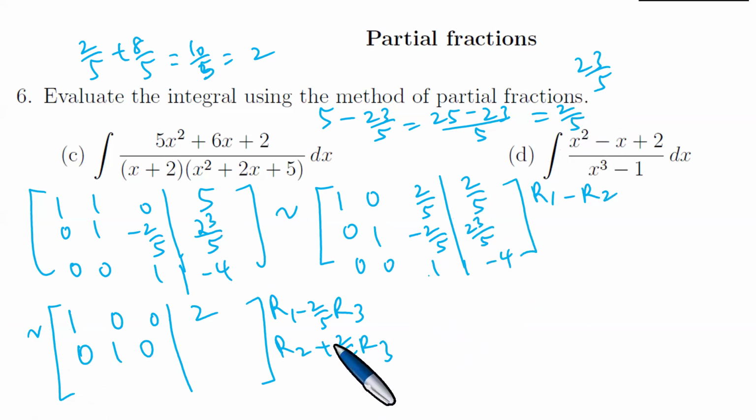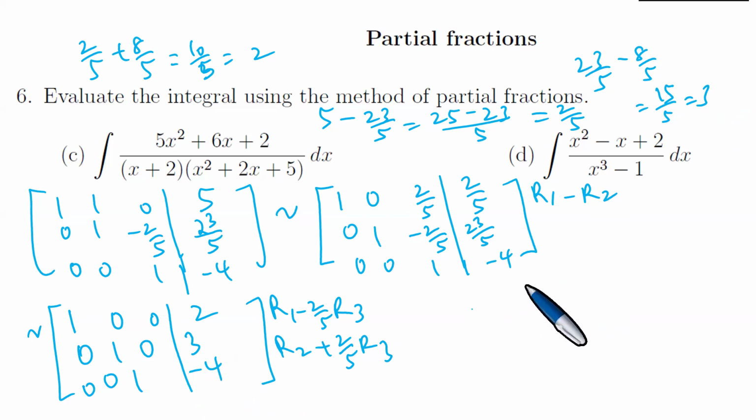So you have row 2 plus 2/5 row 3. So row 2 is this one, and then you have 2/5 row 3 come to this one here, which is minus 8/5. So if you subtract, we have 15/5, giving us exactly 3, 0, 0, 1, minus 4.